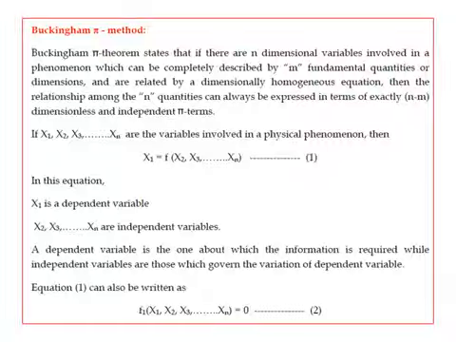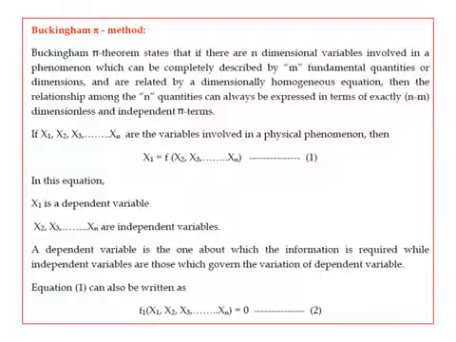Here, before we go for the problems, we should know what Buckingham's pi theorem is. Buckingham's pi theorem states that if there are n dimensional variables involved in a phenomenon, which can be described by m fundamental quantities or dimensions and are related by a dimensionally homogeneous equation, then the relationship among the n quantities can always be expressed in terms of exactly n minus m dimensionless or independent pi terms.